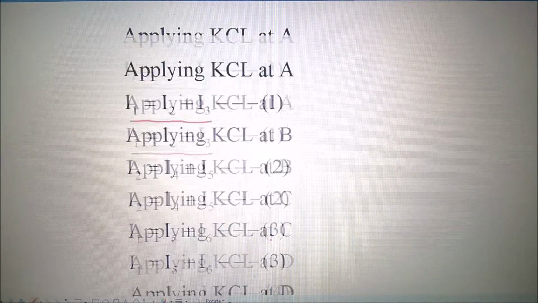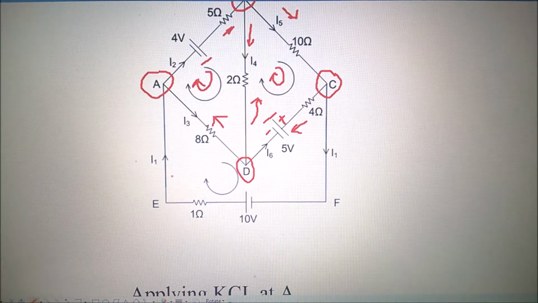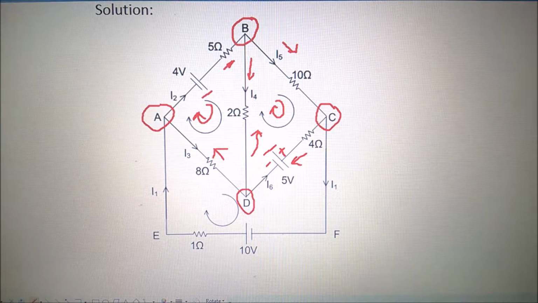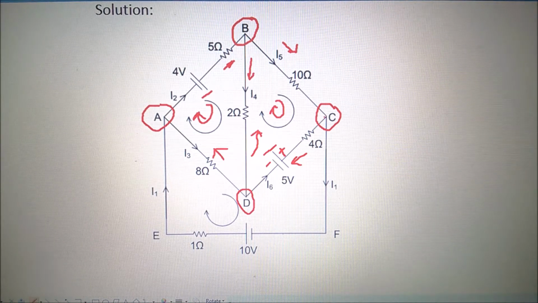Then another mesh we take is EABCFE. As we move from E to A, there is no resistance. A to B and B to C I already explained. And C to F, there is no resistance.